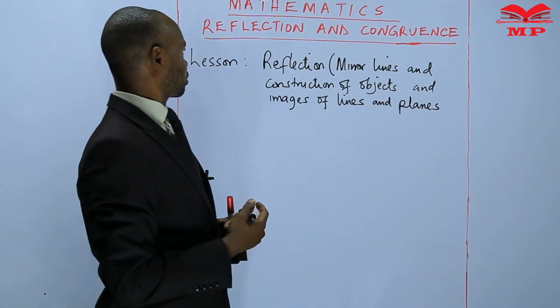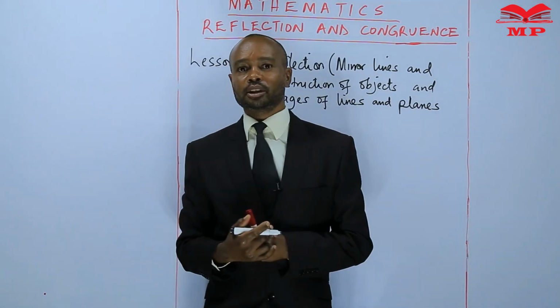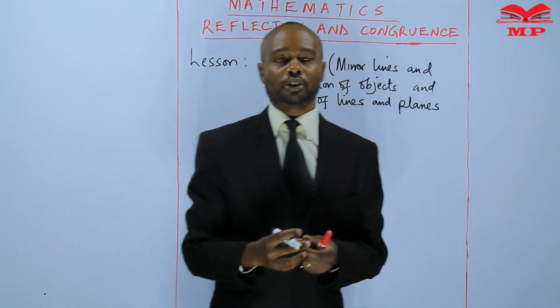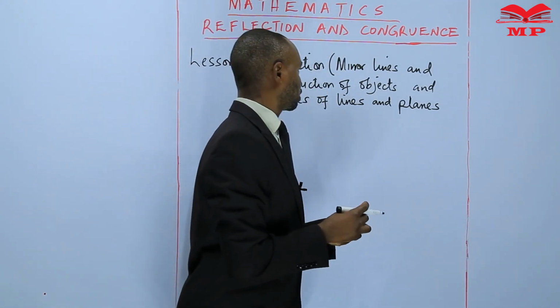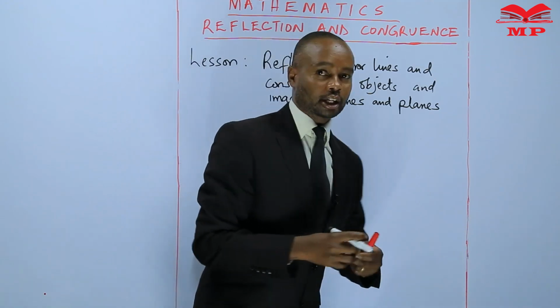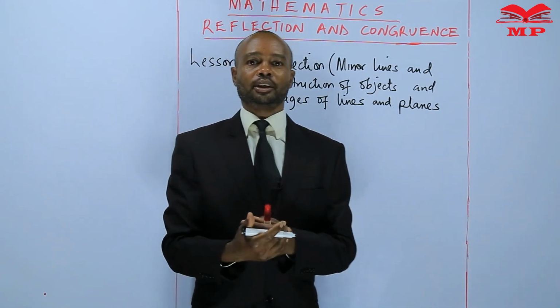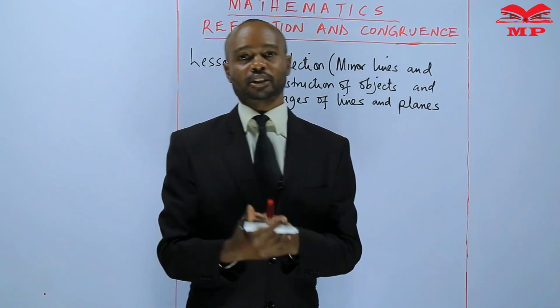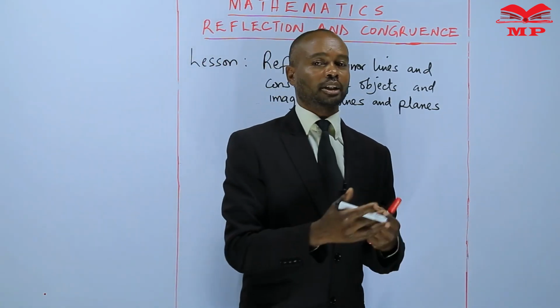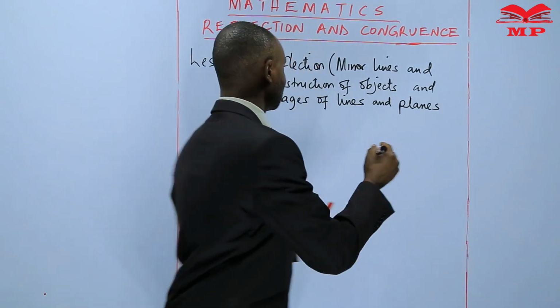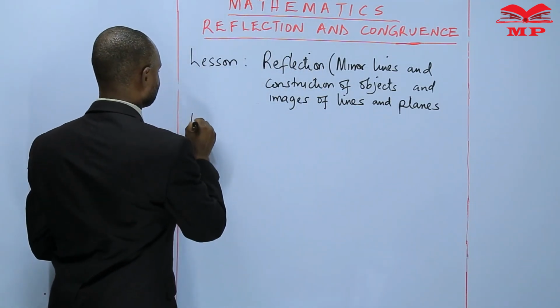So at the end of the lesson, the learner should be able to construct objects and images of lines and planes, and also be able to understand some of the properties you get when we have that reflection.